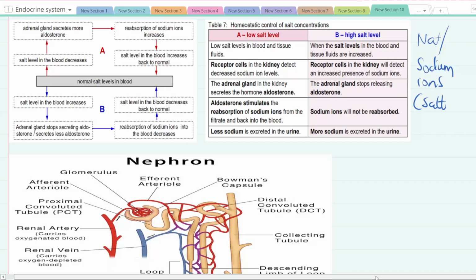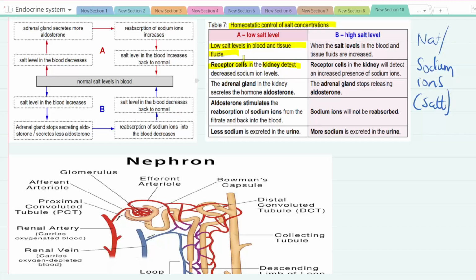Right, so that is salt, and basically what is going to happen here is as follows. We're going to look at the homeostatic control of salt concentrations. So when the salt levels decrease in the blood, receptor cells in the kidneys will detect that.